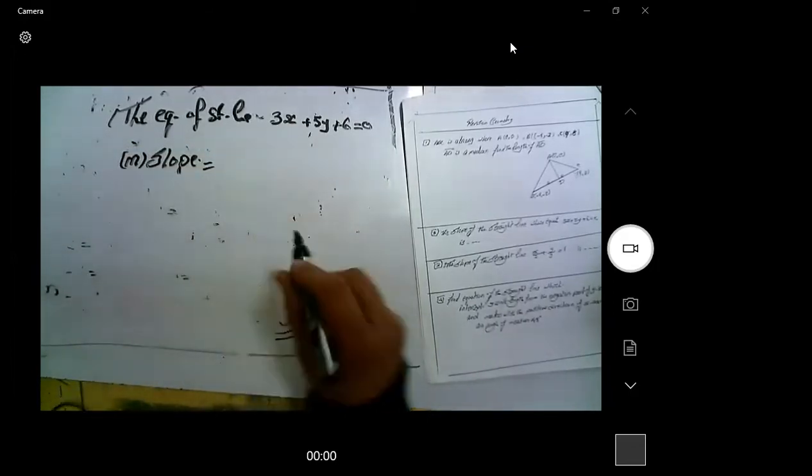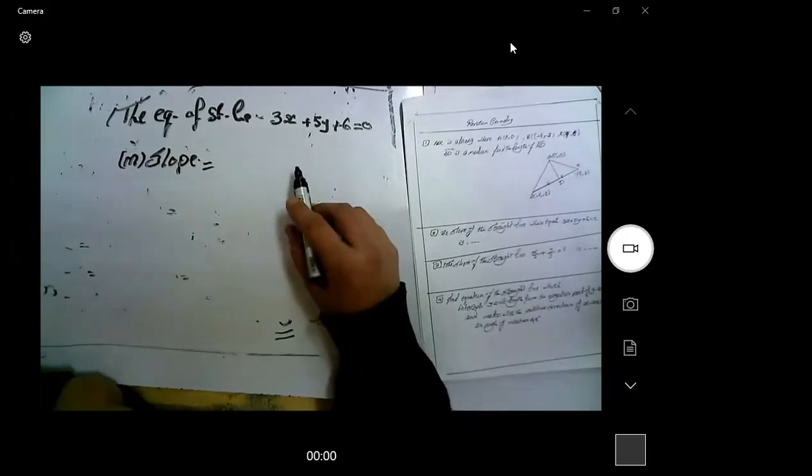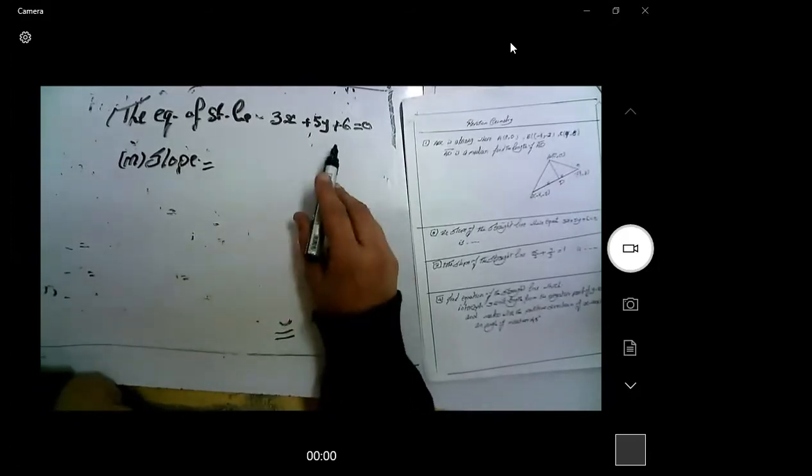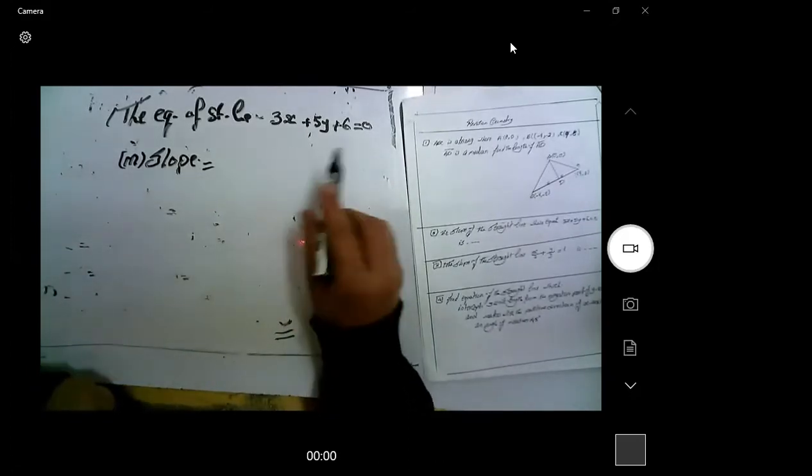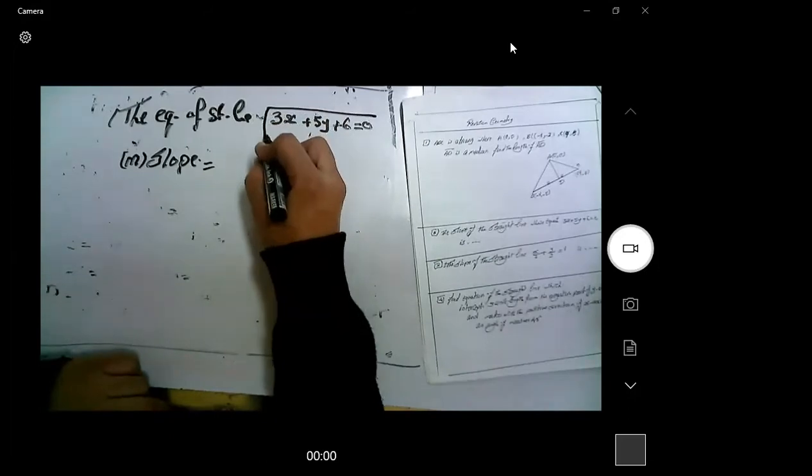You know that the symbol of the slope of a straight line is m. We have the equation of the straight line, and we can get the slope of the straight line from its equation by using one of two ways. We have two forms of the equation.